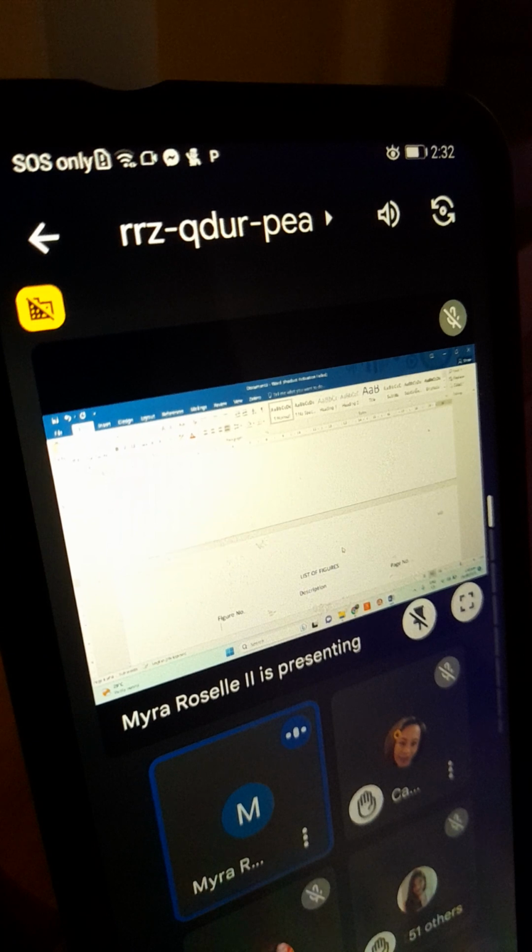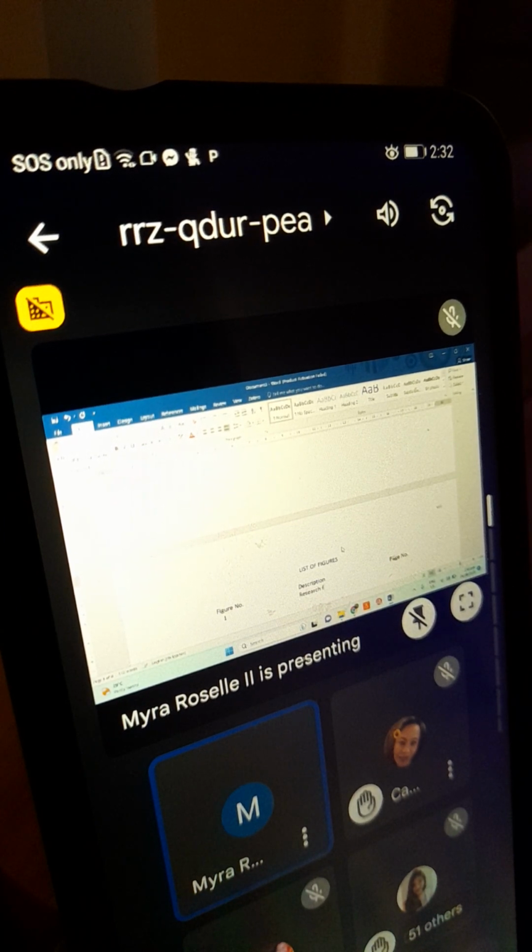Page number. Figure 1. Research flow. Page 10. Okay, now, one page for lists of figure.